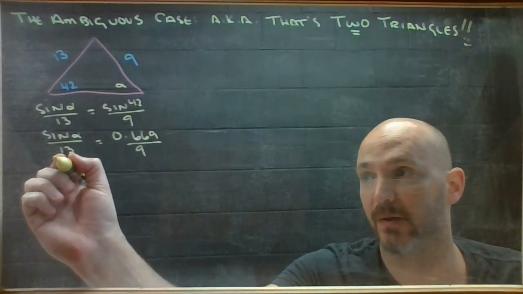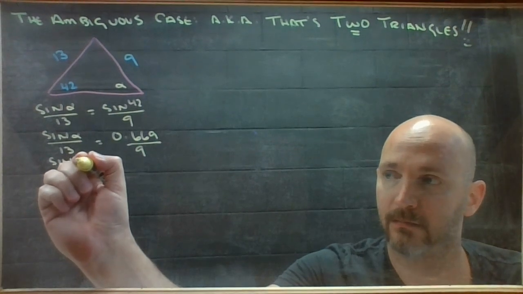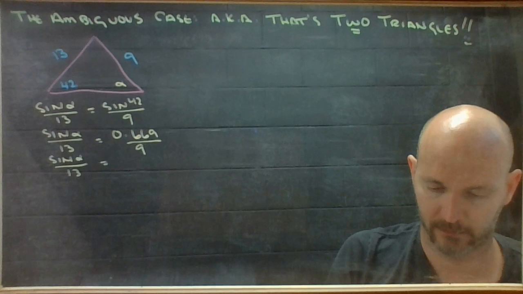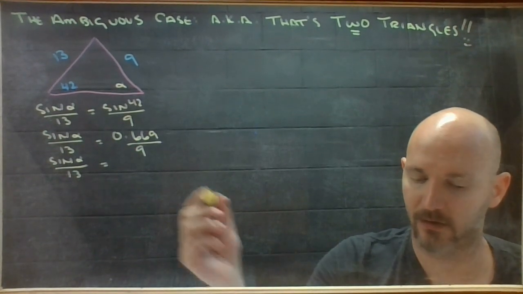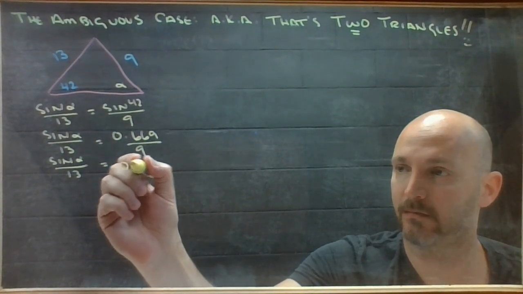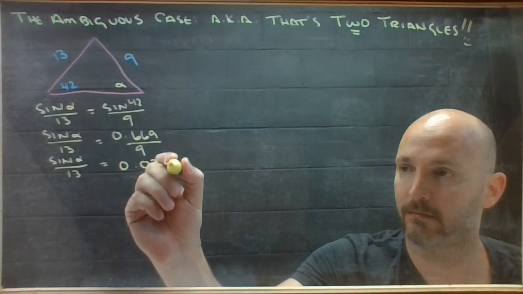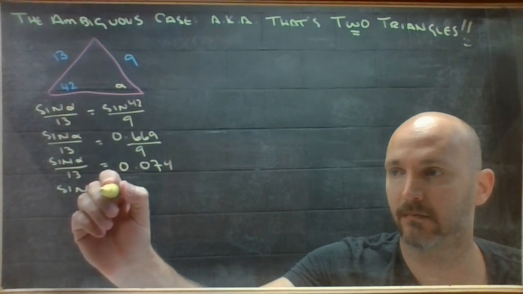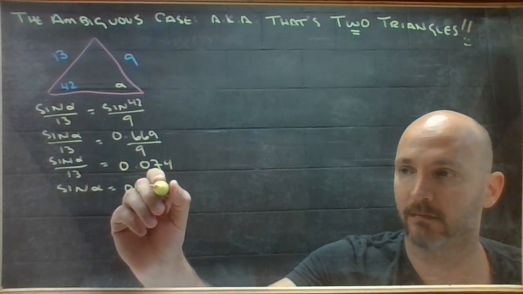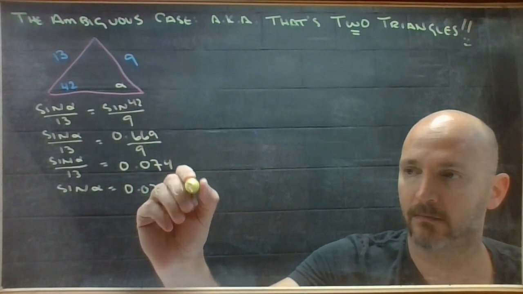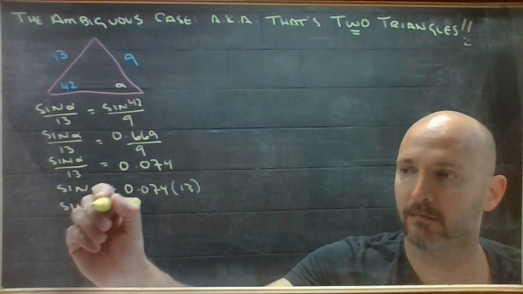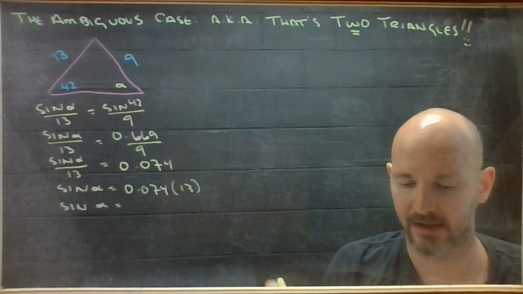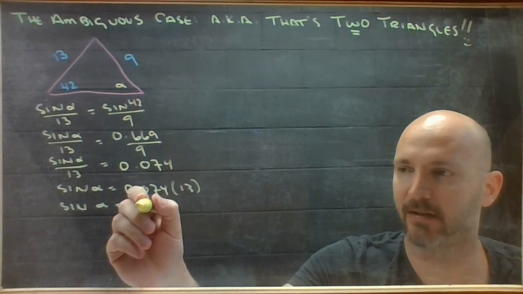We'll have to do those two things divided by each other. Over 9 is 0.074. Multiply both sides by 13. I get 0.967 if I round.